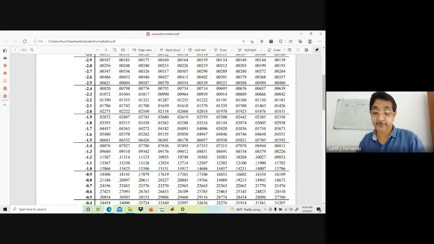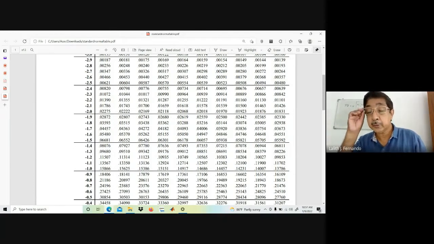What is that? 0.10027 minus 0.09853. You get a value 0.00174.